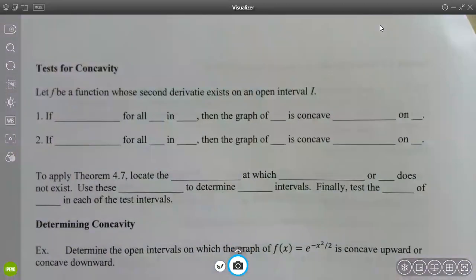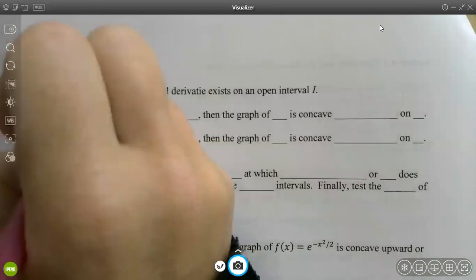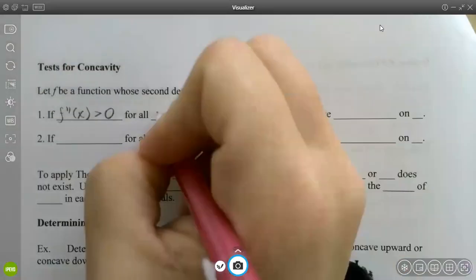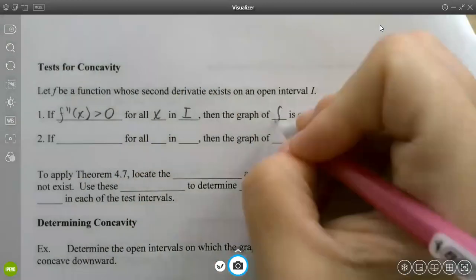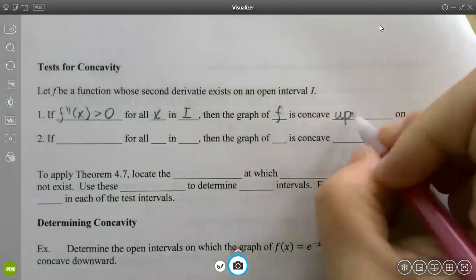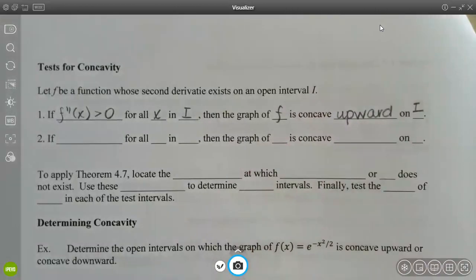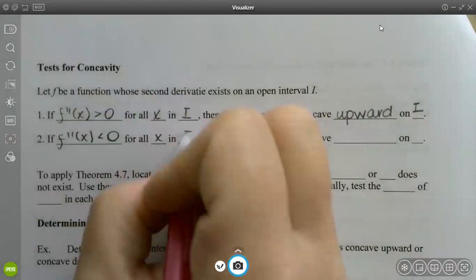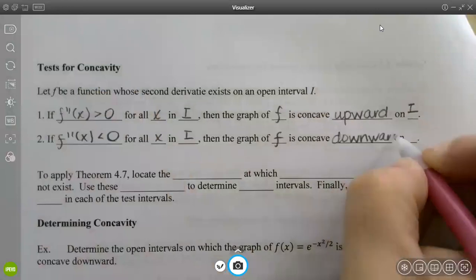Let f be a function whose second derivative exists on an open interval I. If f double prime of x, or the second derivative, is greater than 0 for all x in the interval I, then the graph of f is concave upward on that interval. If your second derivative is less than 0 for all x in I, then f is concave downward on I.